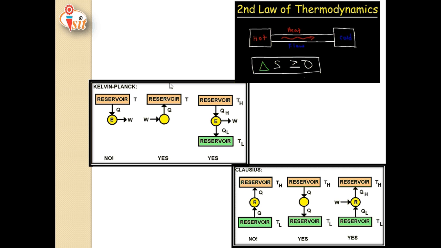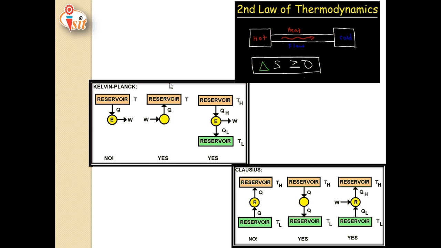The second statement is the Clausius statement, which states that it is impossible to construct a machine working on a cyclic process which will transfer heat from a lower temperature reservoir to a higher temperature reservoir without expenditure of work. A few examples are shown under the Clausius statement.